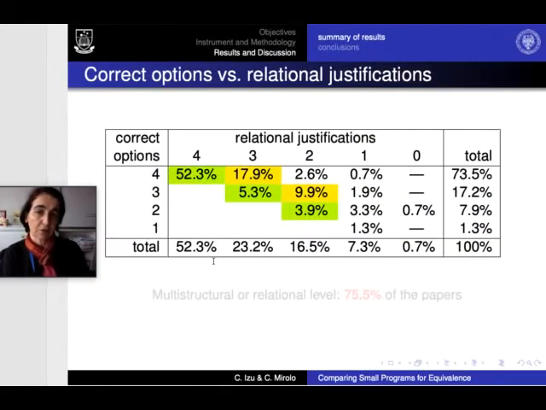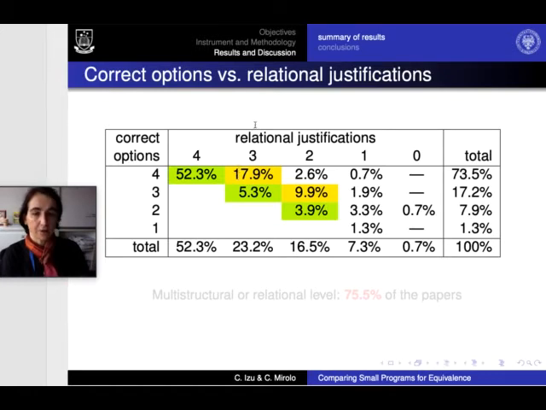So let's look at the results of SOLO first. In this table, we have the number of correct options. So 73% chose the correct 4 options, but 52% provide the relational justifications for 4 of them.